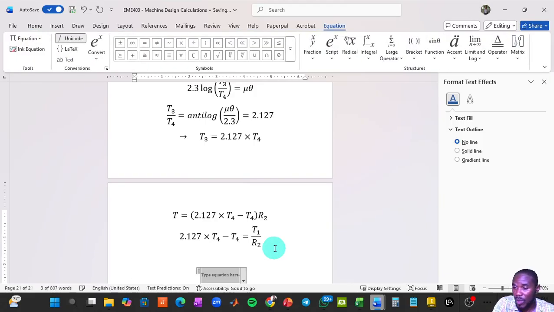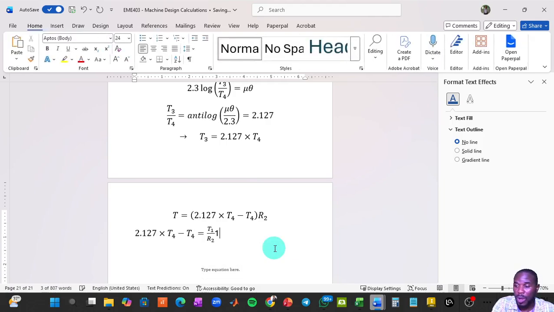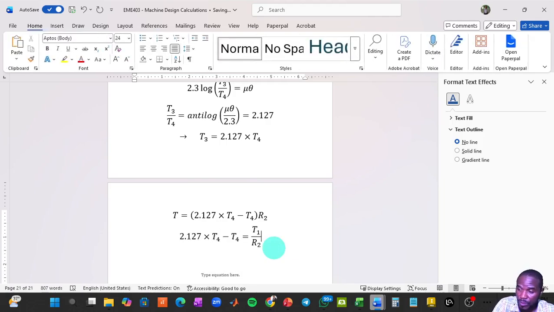So what we're saying is 1.127 T4 is the same as, oh, was that T1? That's not T1, that is just the torque. I beg your pardon. That is just the torque right there.